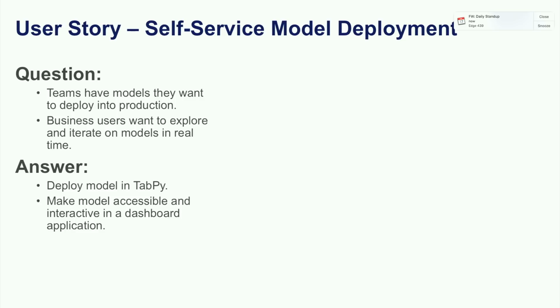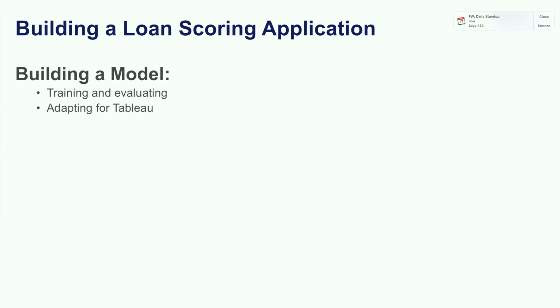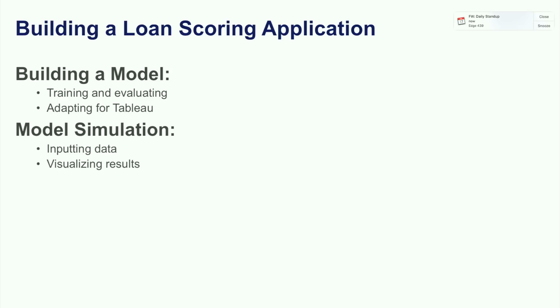So our answer, deploy that model in TabPy, and then make it accessible through an interactive dashboard. We can take code, in this case we'll show a Jupyter notebook, train a model, deploy it in TabPy, and explore the results in an interactive dashboard. So the steps here: building and training our model, adapting that model for Tableau.